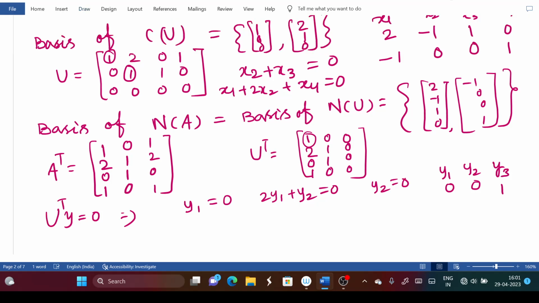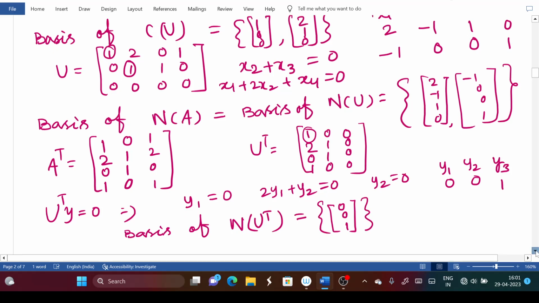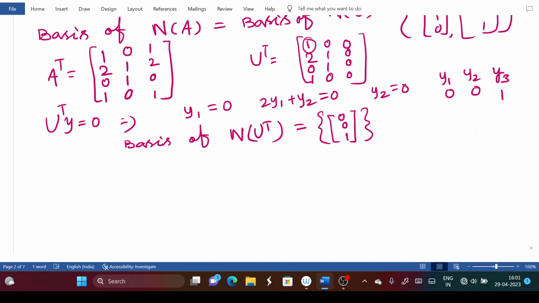So what about the basis? So basis of N of U transpose is equal to {0, 0, 1}, that is Z axis in the R cube. Now we'll find out for A transpose.